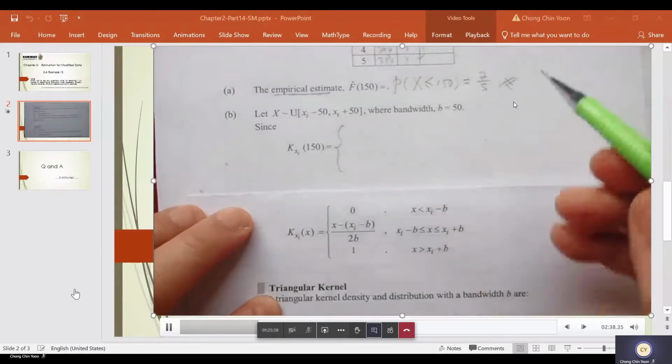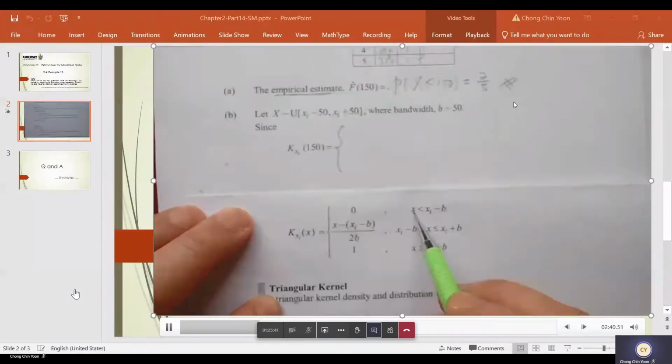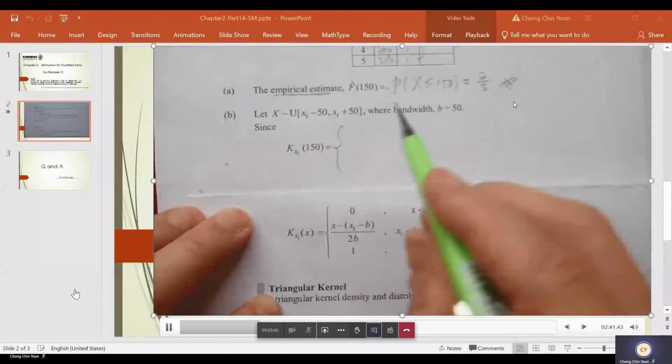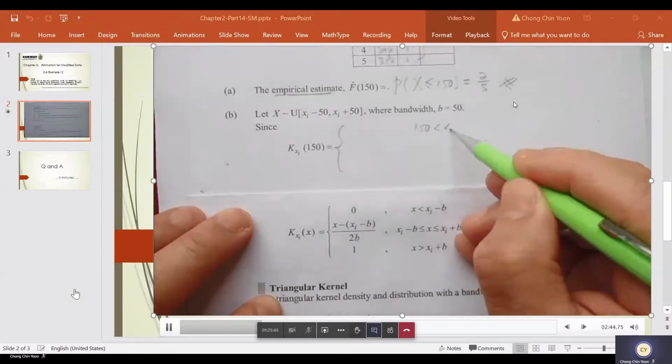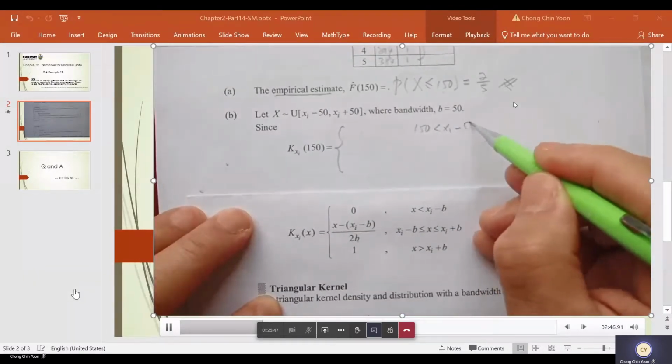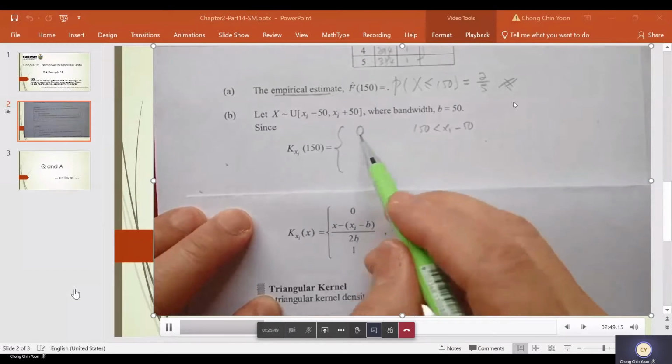So for the first range here, that is when x, which is 150, is less than xi minus the b value, the value is 0.